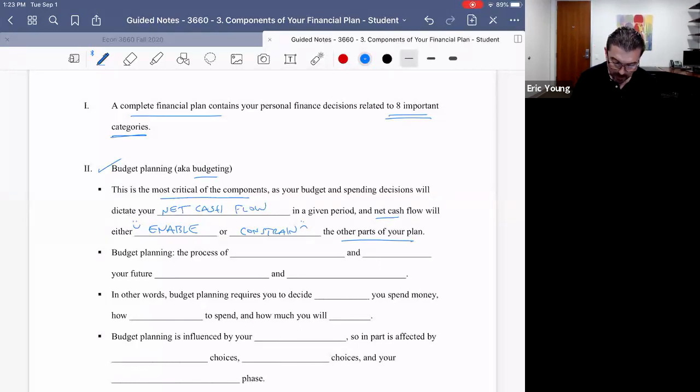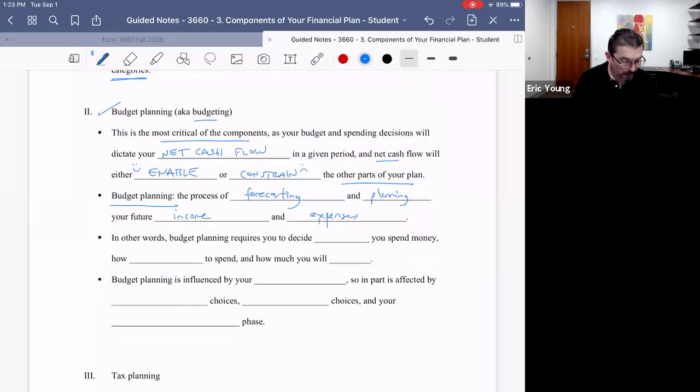Budget planning, if you want a formal definition, is the process of forecasting and planning your future cash inflows, in other words, your future income, and your future cash outflows, your expenses. So budget planning is simply a process of forecasting and planning expected income in and expected money out.